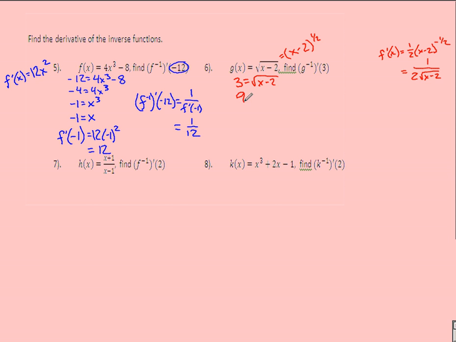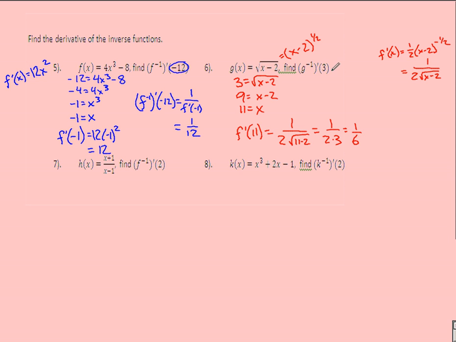I'll square both sides to get 9 equals x minus 2, which means 11 equals x. I now want to find what g prime of 11 is, so I'm going to plug it straight into this formula here. 1 over 2 times the square root of 11 minus 2. So that is 1 over 2 times 3, because that's 9, the square root of that is 3. So 1 over 6 is my derivative there.